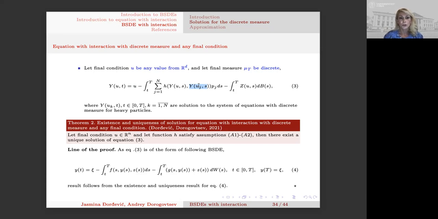So Theorem 2 gives the statement that this BSDE of form 3, with the generalization to any value with finite moment, has a unique solution.